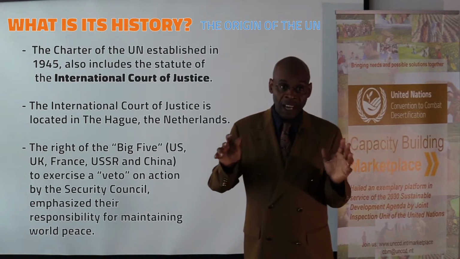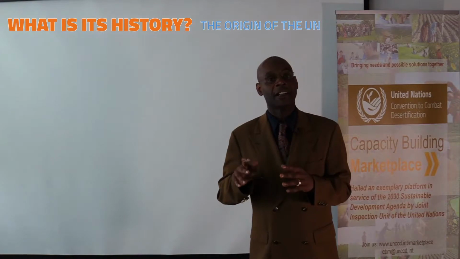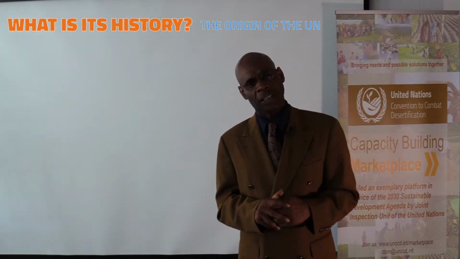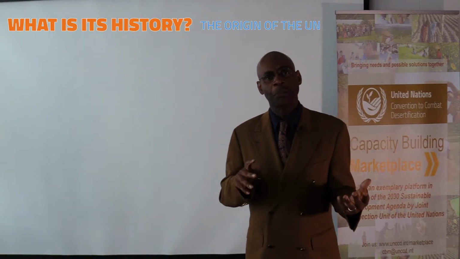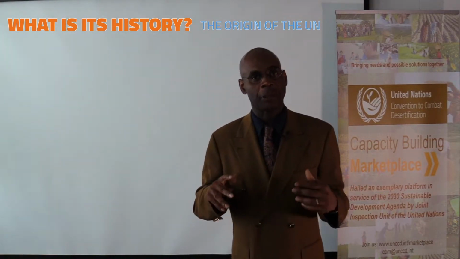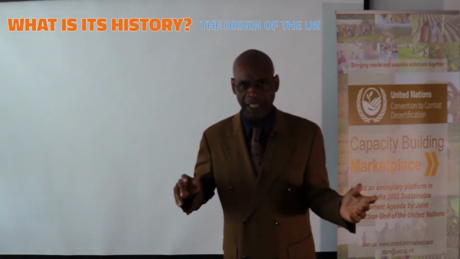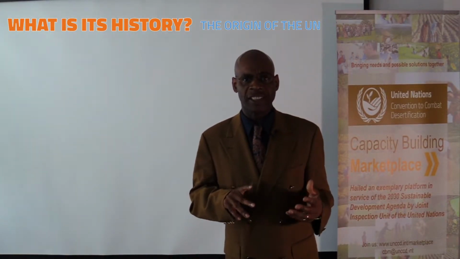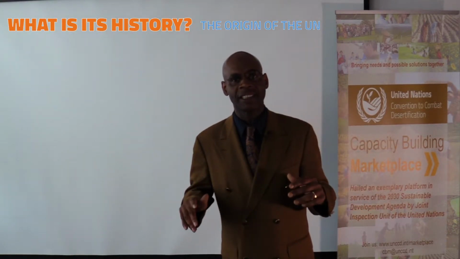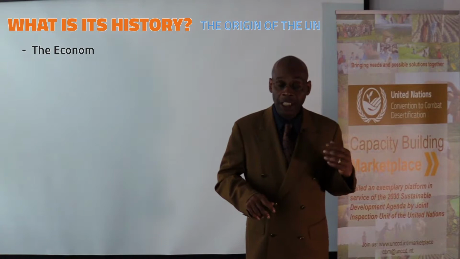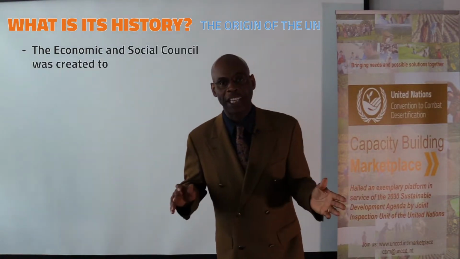Now, outside of that, because there are other factors which can influence peace and security, such as social and economic development, because when people are desperate, when people are hungry and so on and so forth, they resort to war, they resort to fighting. When people feel that justice economically and socially is not done to them, they resort to war. And so therefore, the Economic and Social Council was also created.